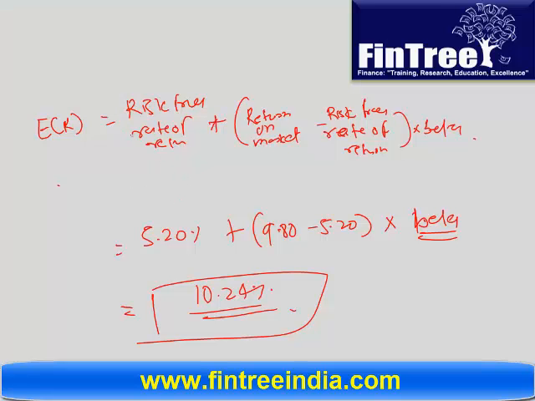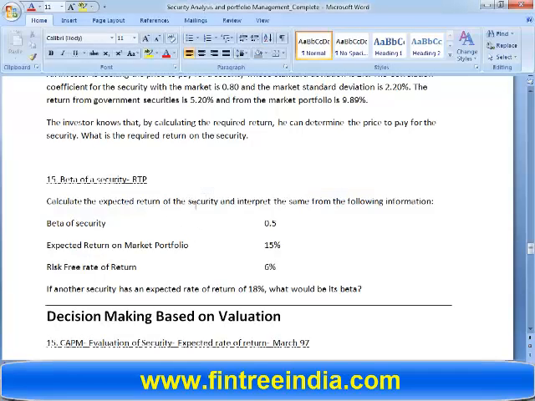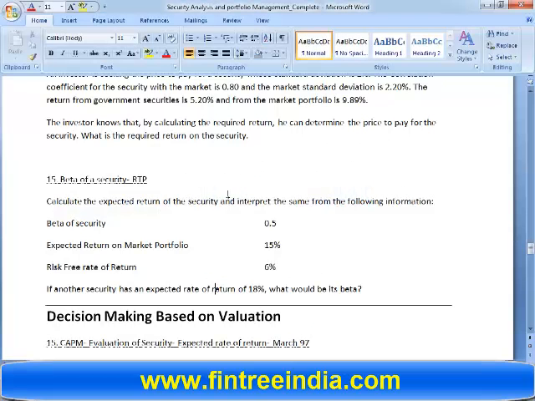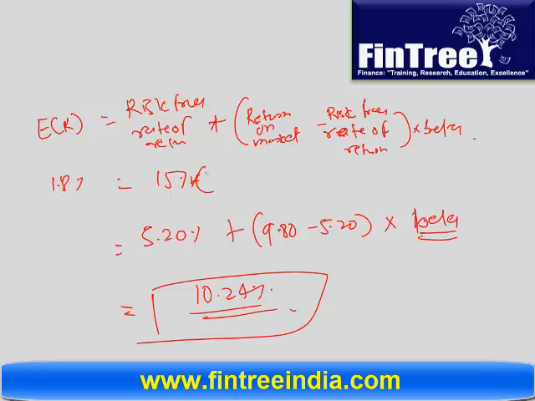And then after having written the formula, say 18% is equal to 6% plus 15 minus 6% into beta.